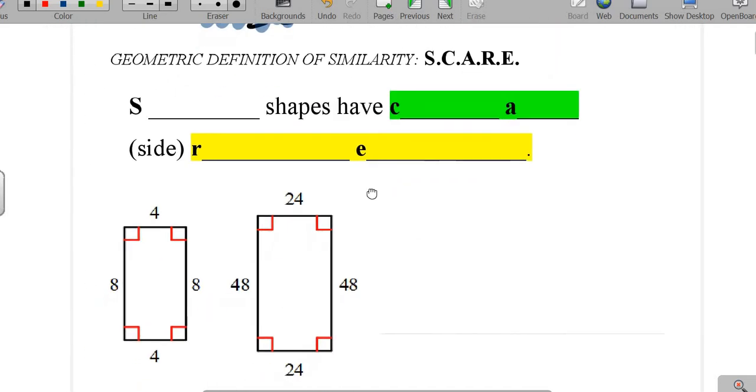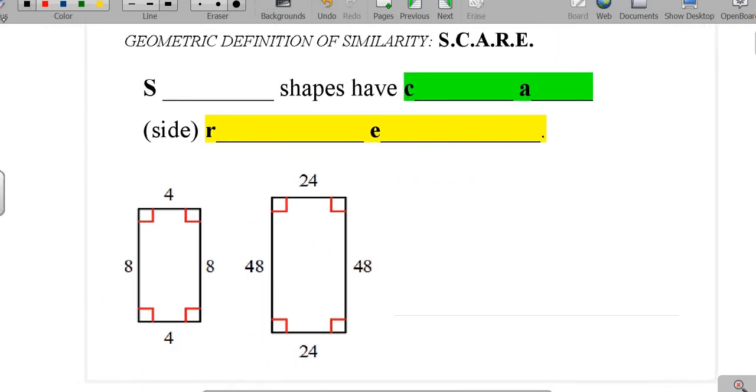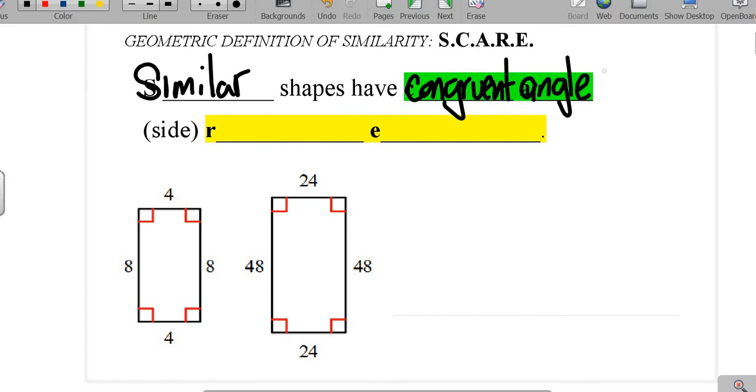Here's the mathematical definition of similarity. I call this SCARE.